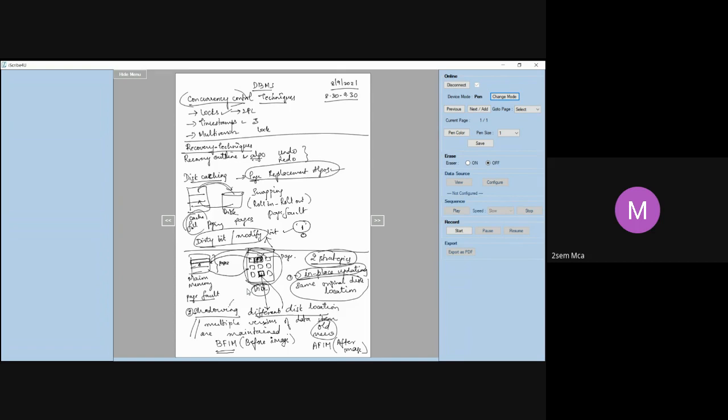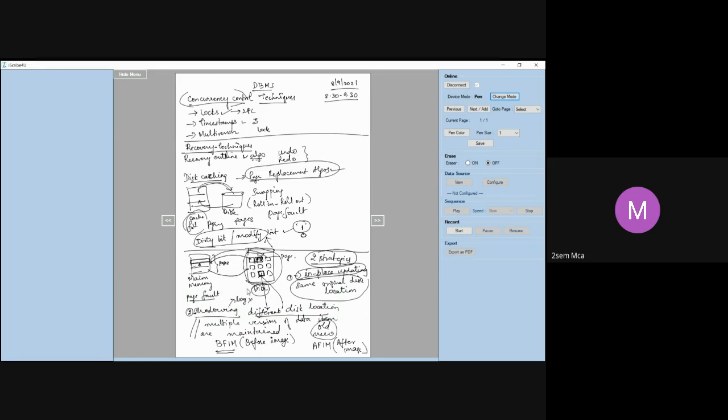In fact, for shadowing, you need not maintain the log for recovering, because you are keeping the old one also, new one also in the disk only. So there is no need to put again one copy in the log entry. It is not required actually for recovery.